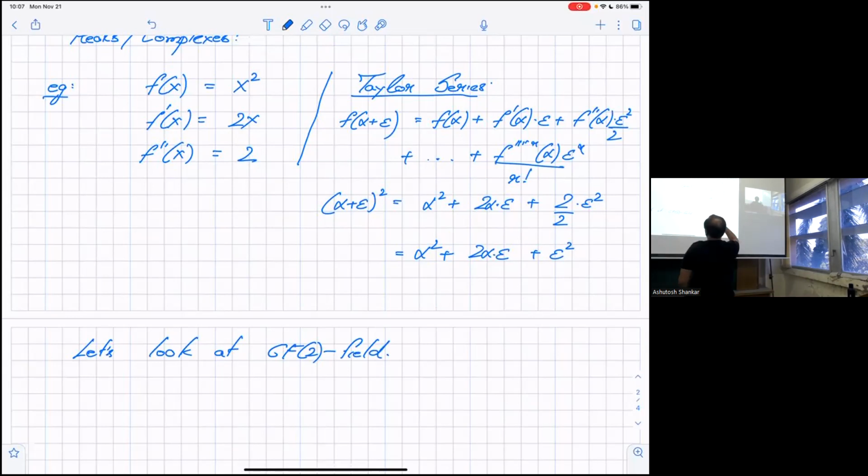Even though the derivative was 2, the 1 by 2 came in and removed the reason for it being 0, so it became non-zero. But some of them, like the first order derivative, continue to remain 0, while the second order one is 1. So there's this mess. Firstly, you can't apply the Taylor series because you are dividing by r factorial. You can work only if the characteristic is large enough.